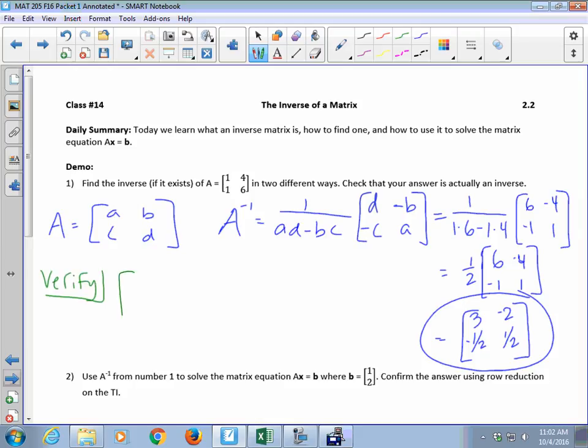I'm going to take 1, 1, 4, 6, and multiply by this matrix I just found. Technically, if you really want to verify, you should do both orders to show that you get the inverse either way. I typically just do one and I'm satisfied that I did it correctly.